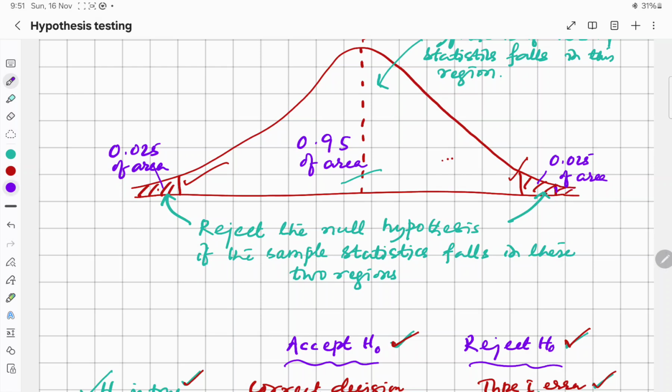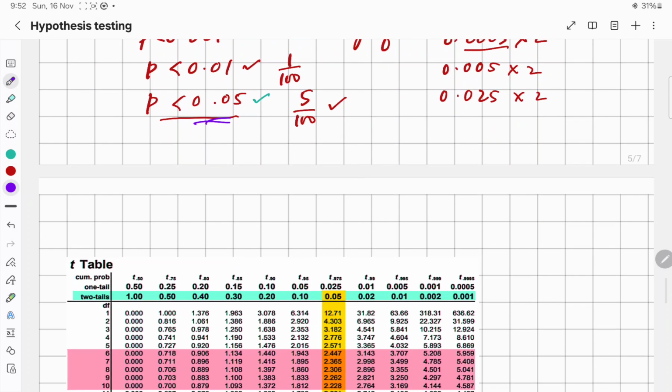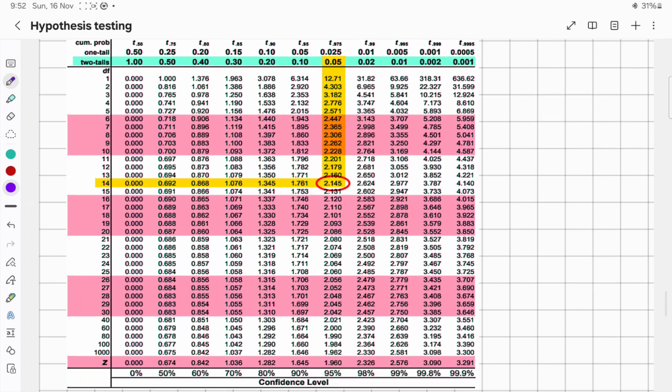In that case it is more significant. So p less than 0.001 is more significant than p less than 0.01, which is more significant than p less than 0.05. This is the minimum, and if p is less than 0.05, then we can say it is significant.